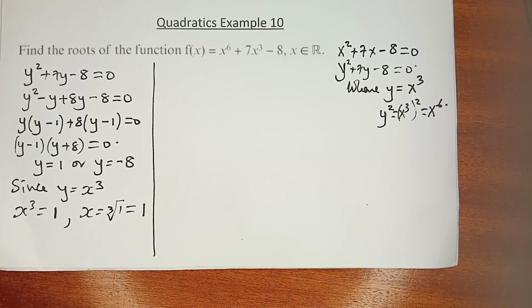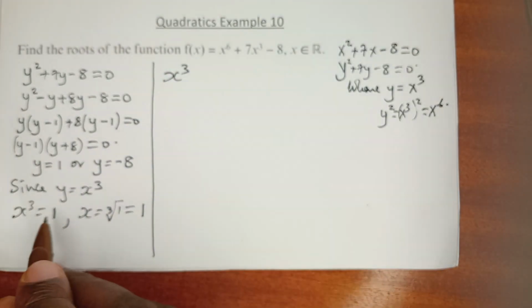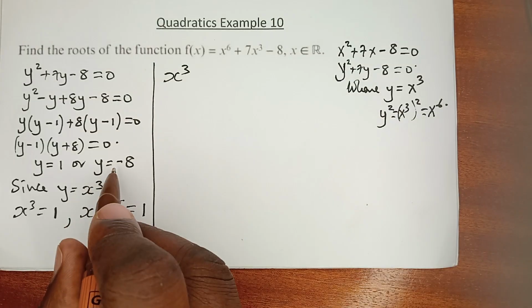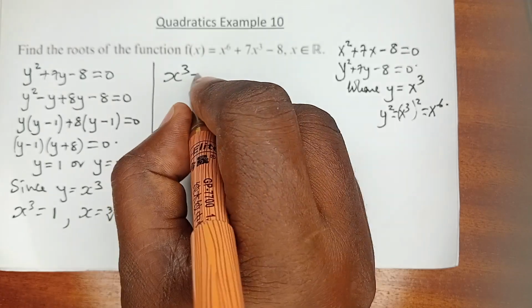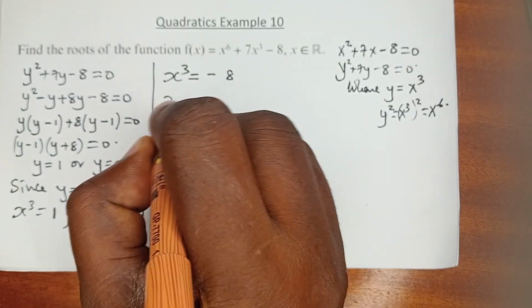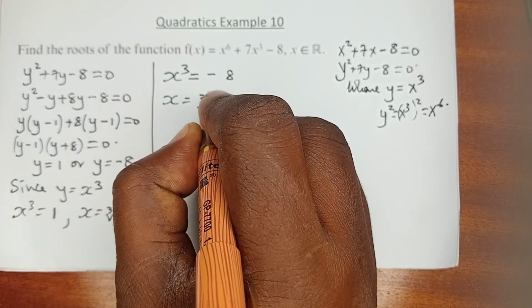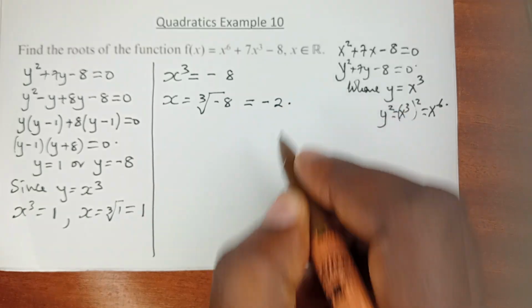That is true. And if it is x cubed, which is equals to y, and y at some point is equals to -8, that means x cubed can be equals to -8. And therefore, x is equals to the cube root of -8, which is simply -2.